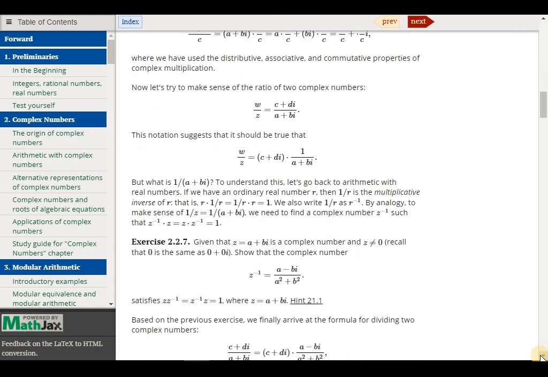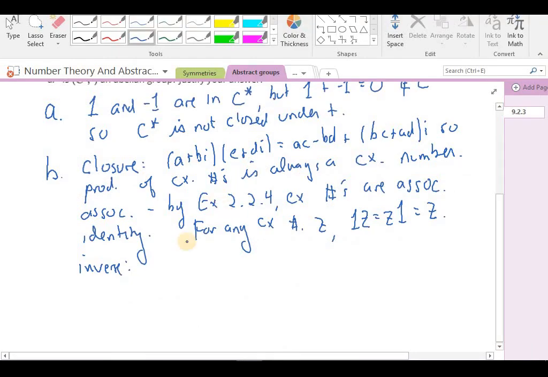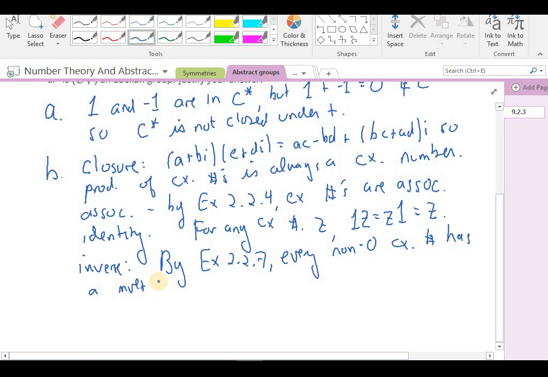Just say by exercise 2.2.7, every non-zero complex number has a multiplicative inverse. Okay, so that's really all you need to do for B.